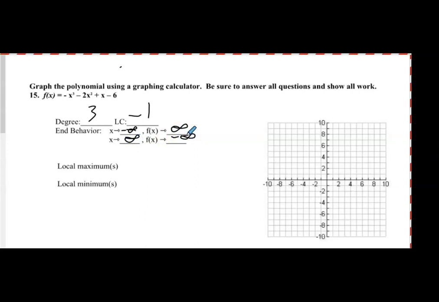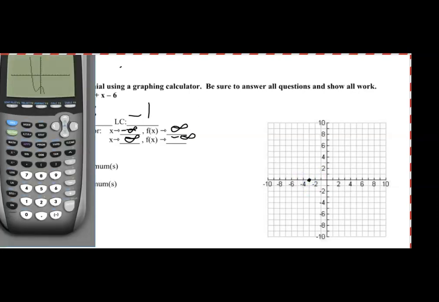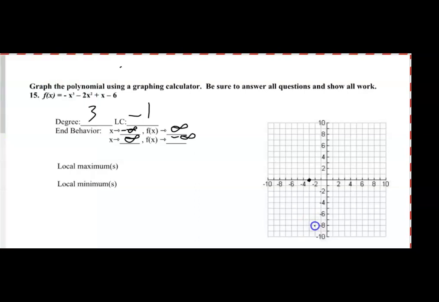So we had a point at -3, and that was it. Okay, for x-intercepts. So let's get some points on here. -2, -8, and -1, -8. That's interesting. So -2 and -1 both here.